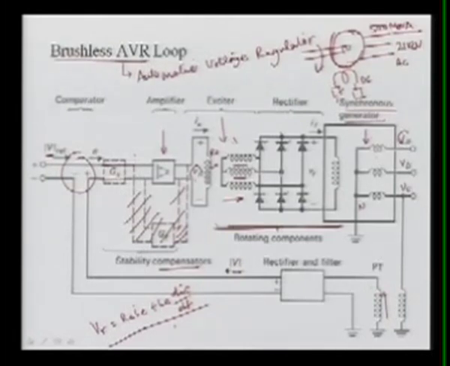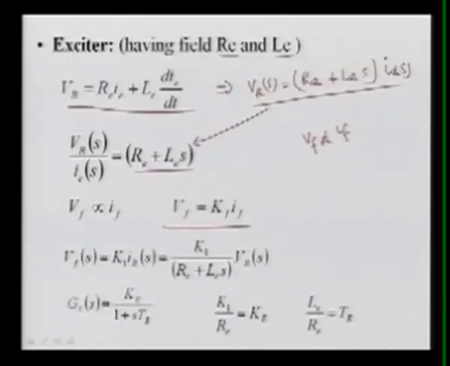So VF can be written in terms of IR, the current here, and we can put K1 here, replace E from this equation, and get K1 upon RE plus LE times VR.